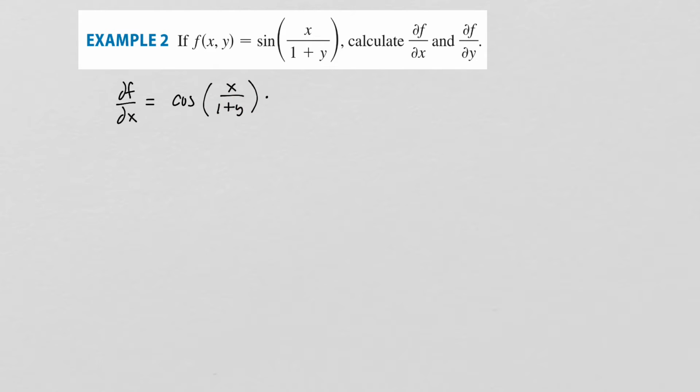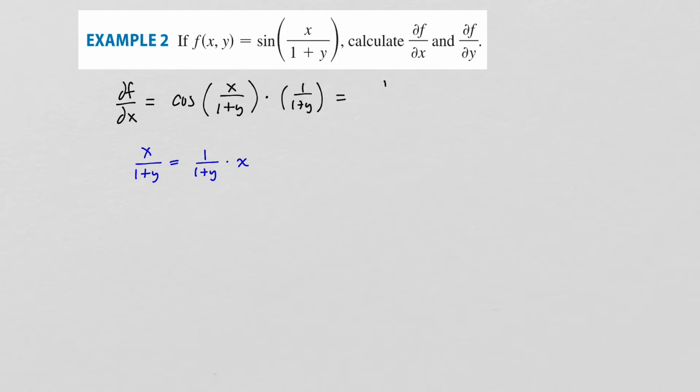And so you can think of x over 1 plus y as 1 over 1 plus y times x. So what we have is a constant, essentially, multiplied by x. And the derivative of a constant multiplied by x is the constant. So we're simply going to multiply by 1 over 1 plus y. Now, in the end, I recommend not leaving this here.